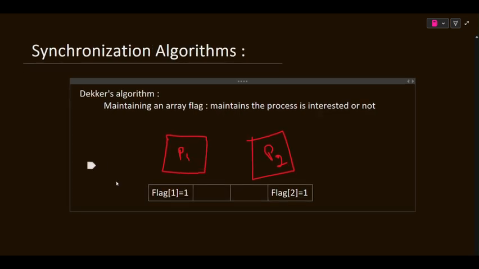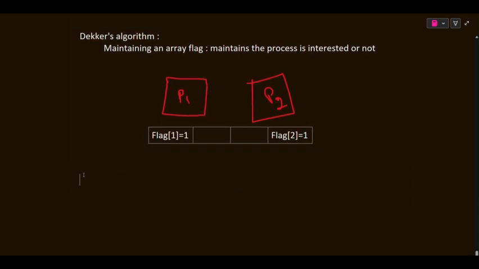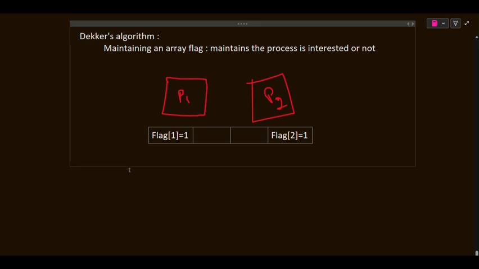Now, here we'll consider the process whose turn value is set to 1. Like we'll execute the process based on the current value of the turn. If the turn value is 1, then we'll execute the process 1, and if the turn value is 2, then we'll execute the next process.